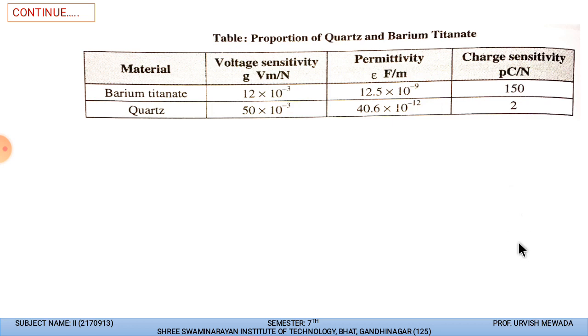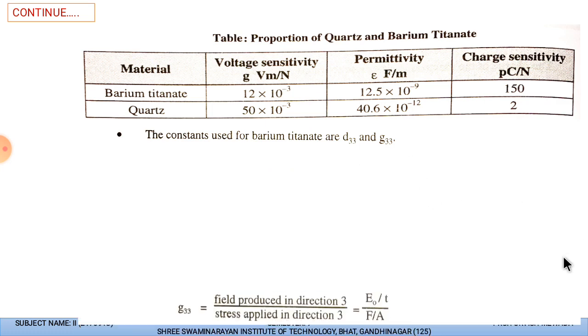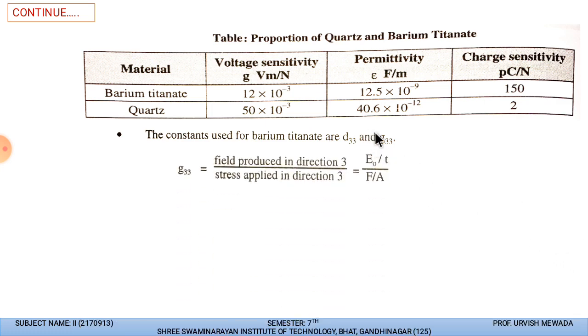This is the proportion for quartz and barium titanate. The constants used for barium titanate are d33 and g33. According to the constant used, we can apply the formula for our particular equation. So g33 is the field produced in direction 3 over the stress applied in direction 3.